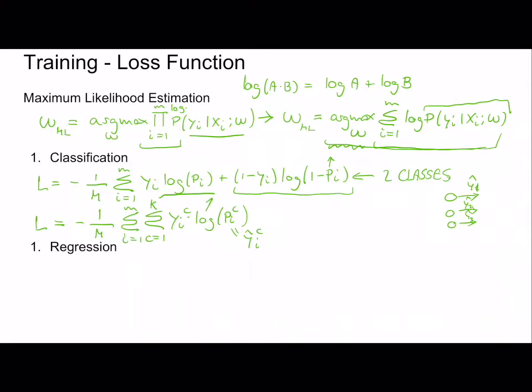If instead of n classes this was 2 classes, then we could basically get this same expression by using the fact that the probability of one class is 1 minus the probability of the other class. So this is for n classes. And then you see that we only pay attention to the output or the label that is 1, right?